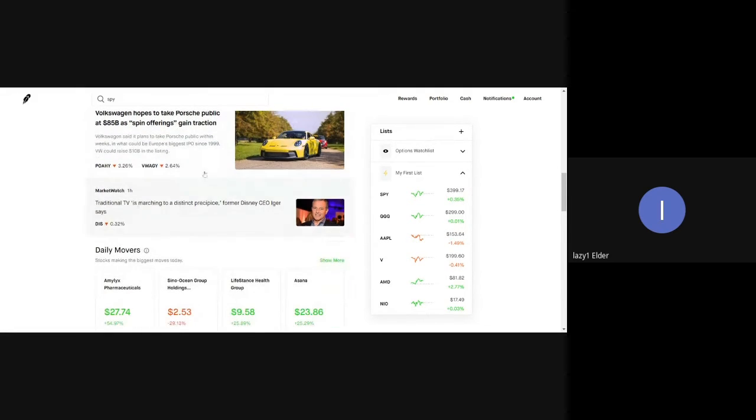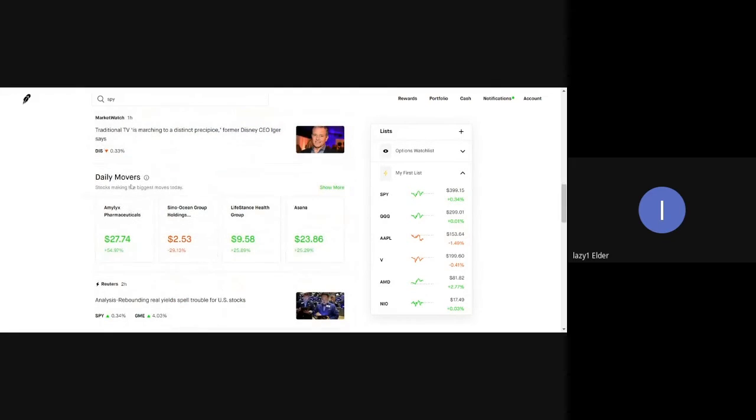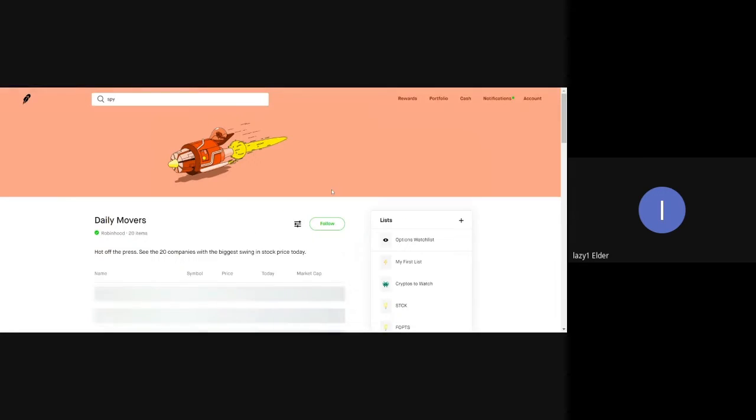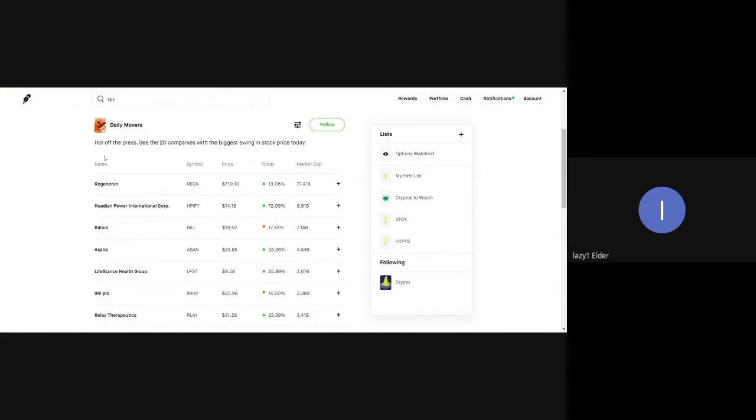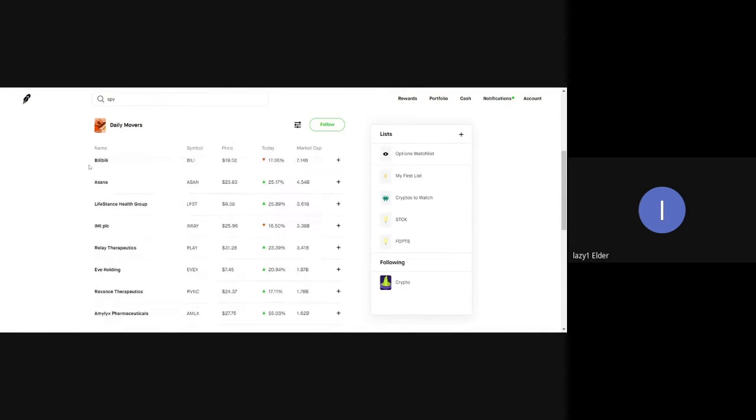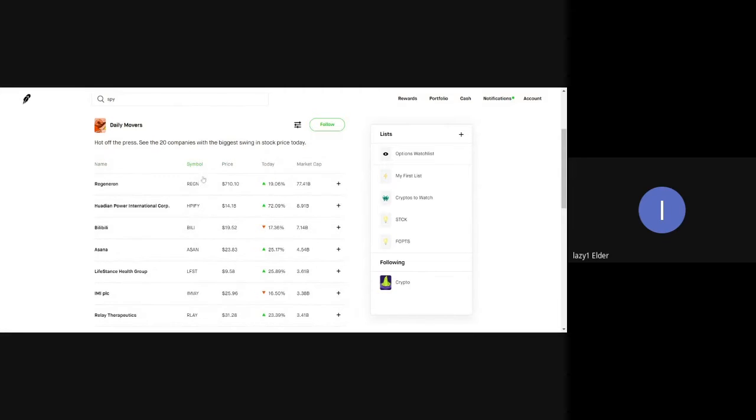And like I said, all this just tells you the news. Daily movers right here, the stocks making the biggest moves today. You can hit show more and it'll show you more. It'll tell you the ticker symbol, the price of that share within the company, how much it is up or down percentage-wise, and the market cap.